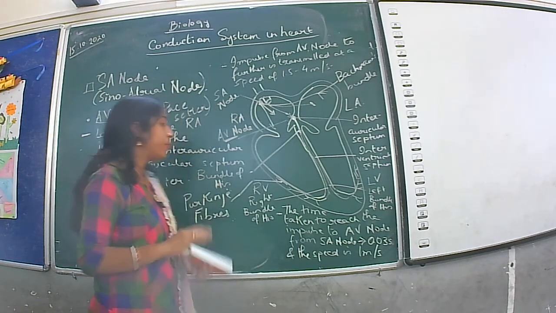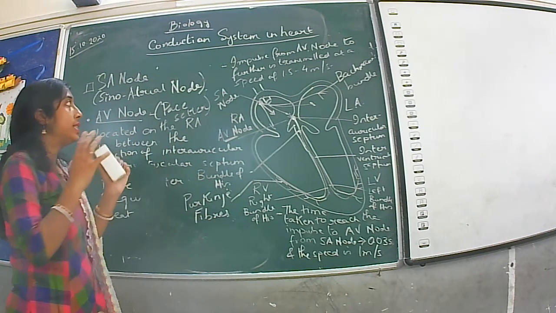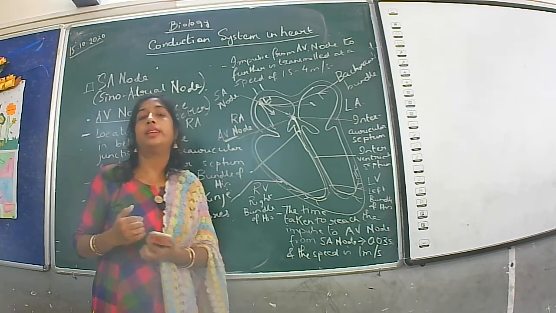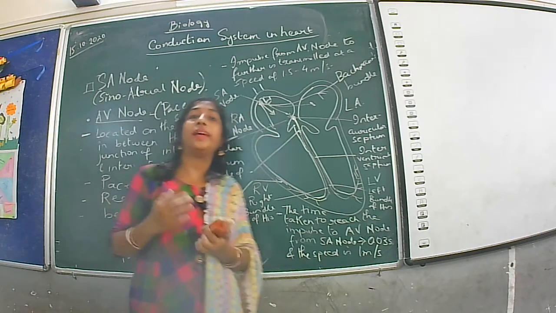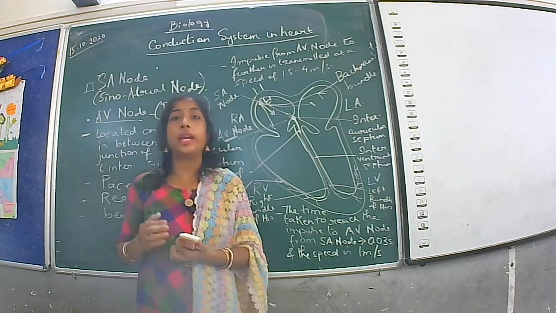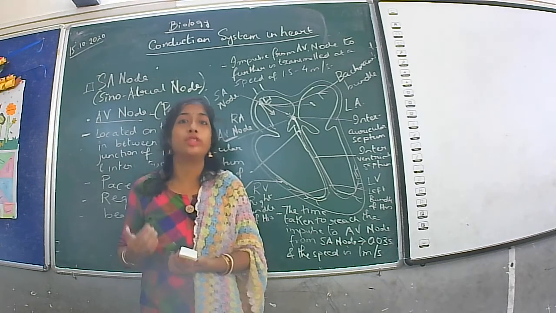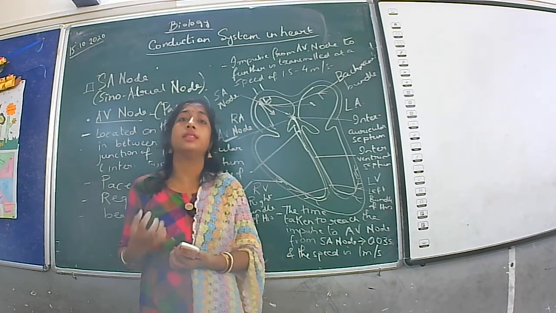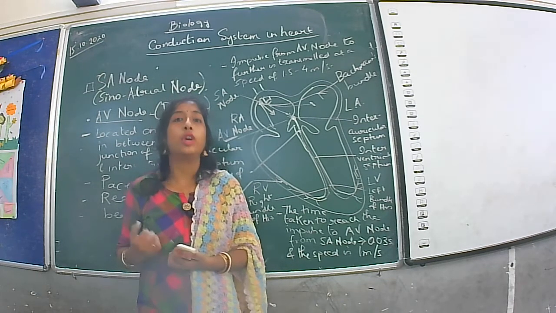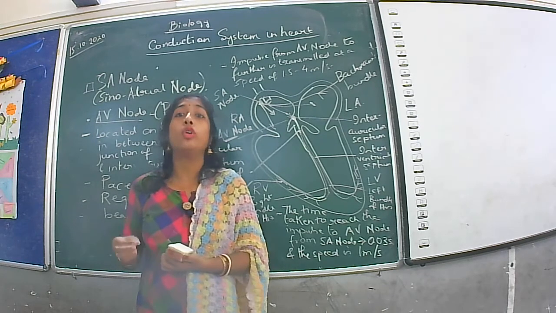Okay, so now this sinoatrial node, as I have said, is said to be the natural pacemaker of the heart. Okay, now if this natural pacemaker of the heart malfunctions, if the SA node doesn't work properly, then what will happen? There will be no rhythmicity.